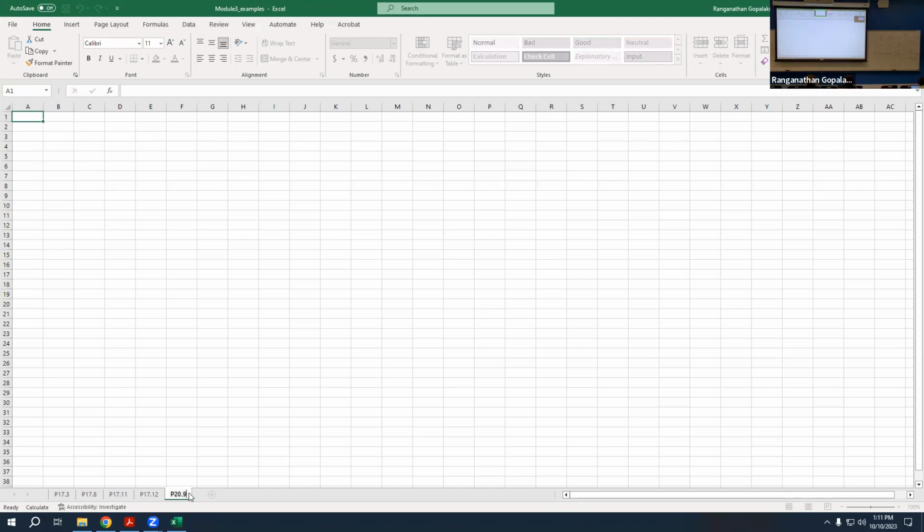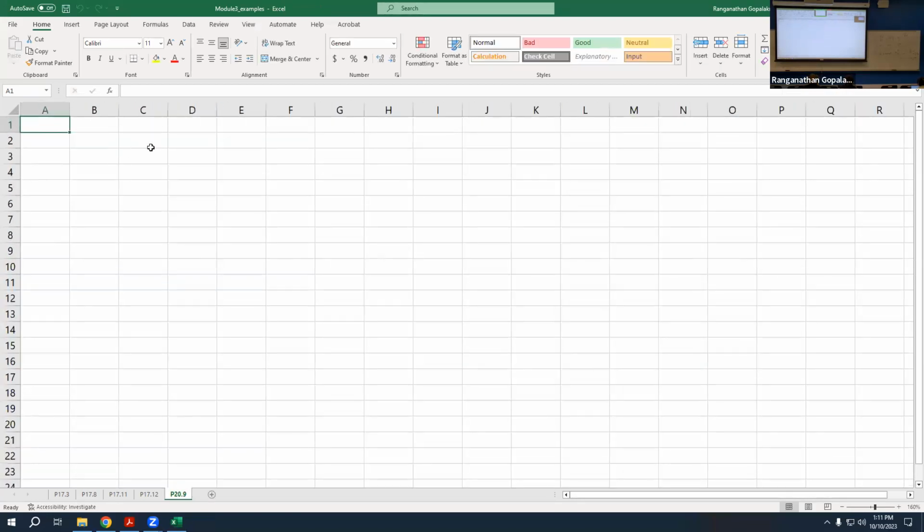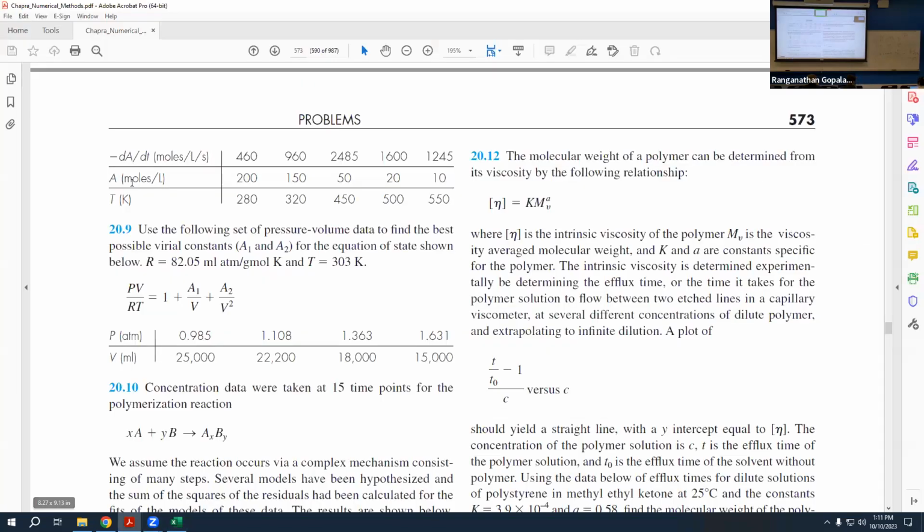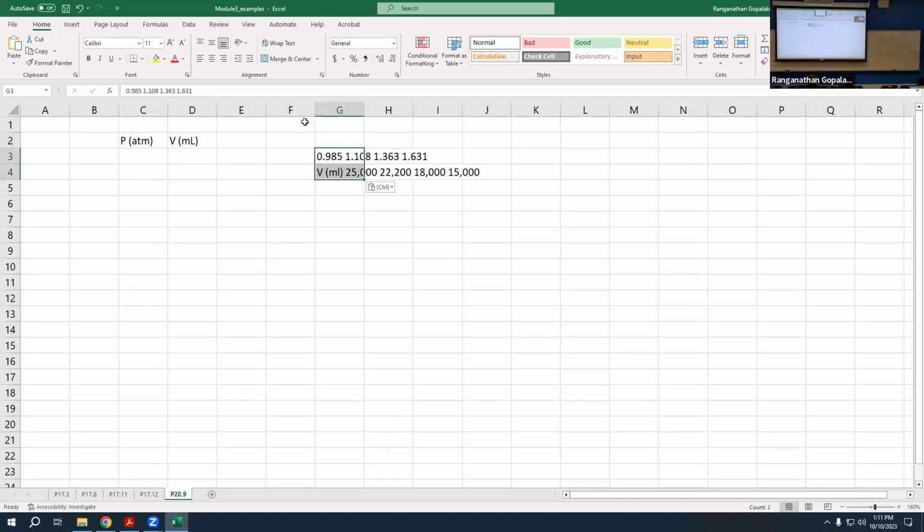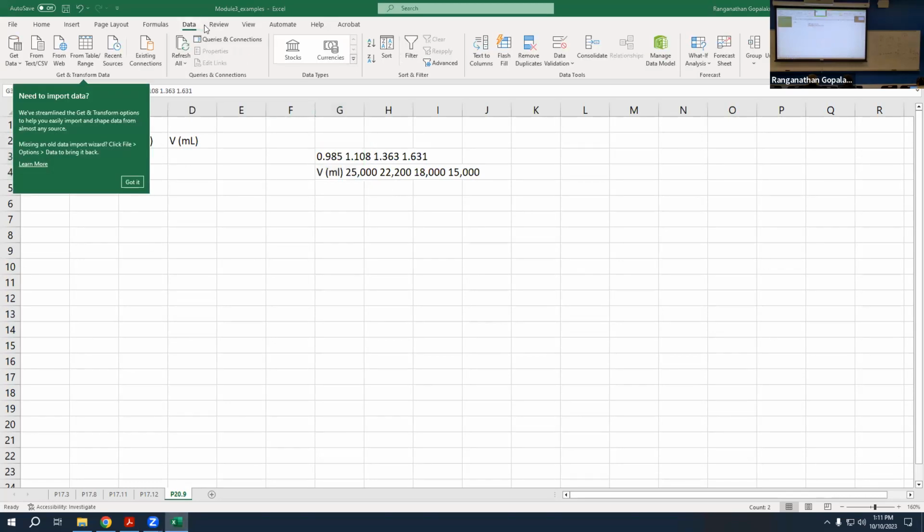Problem 20.9. So I have pressure in what units? Pascals? Atmosphere. Atmosphere, and volume in milliliters. And I have the data here.